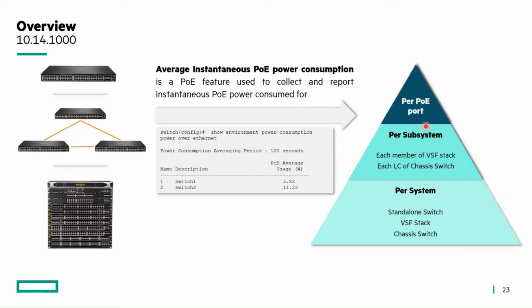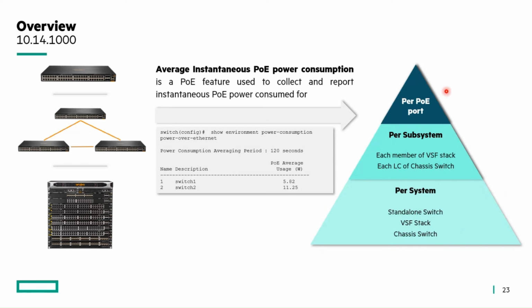This is for all the levels of your system, like for each port and for each subsystem. By subsystem, I mean each member of a VSF stack, a specified line card of a chassis switch, or per system. Per system means the whole VSF stack, a standalone switch, or the chassis switch itself.